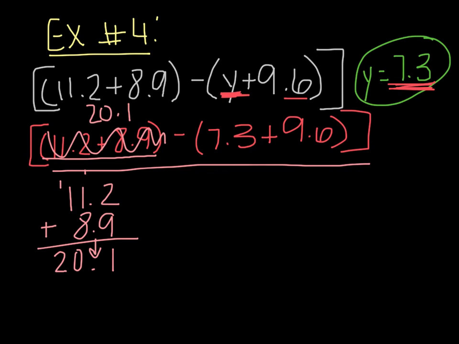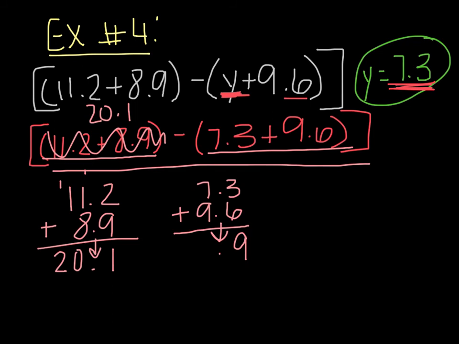Now I do the second part of my parentheses. So now I have 7 and 3/10 plus 9 and 6/10. Bring your decimal down. 6 plus 3 is 9. 9 plus 7 is 16. So this part is 16 and 9/10. And now I have the operation of subtraction.